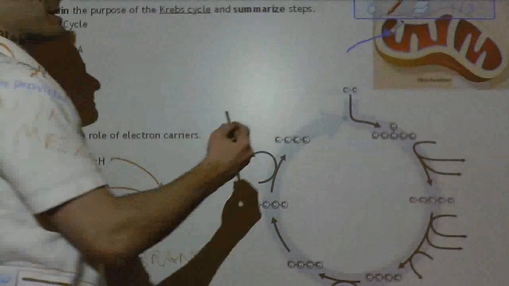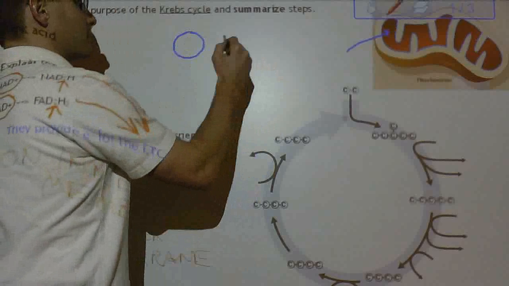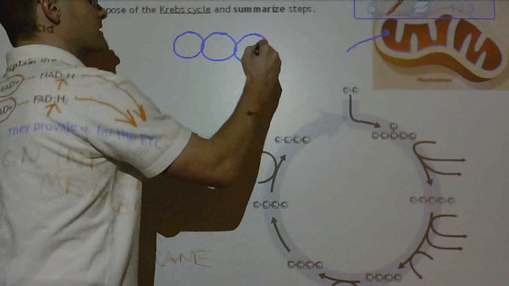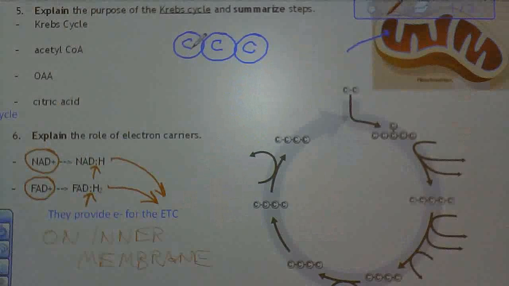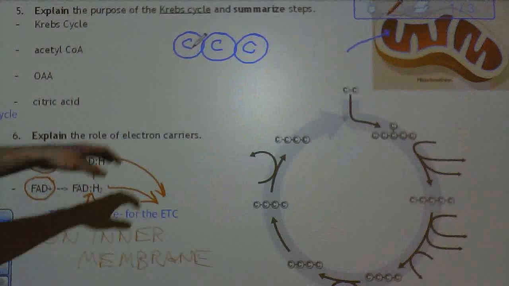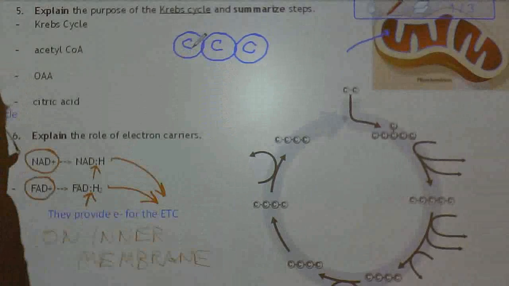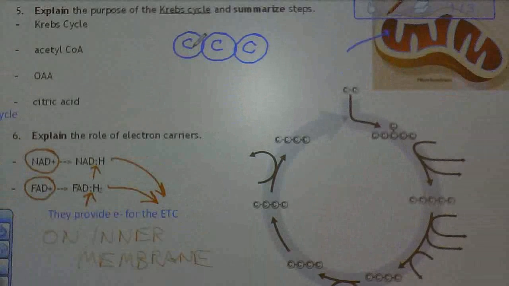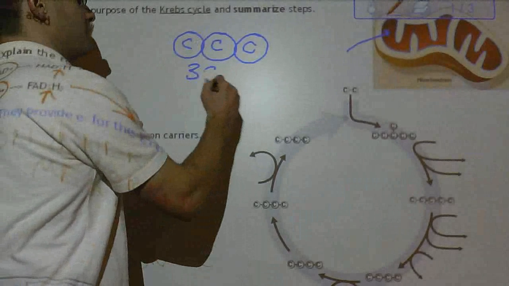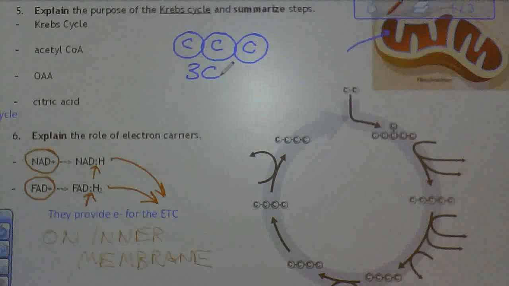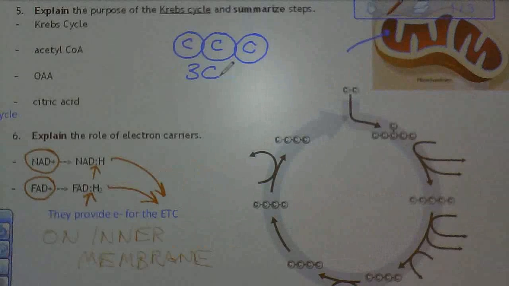And something else we need to talk about here to get a good idea of what's actually happening. Right before the Krebs cycle actually begins, the pyruvates that are coming from glycolysis get turned into 2 PGAL, so 3-carbon pyruvates get turned into 2 PGAL, but still 3-carbon molecules.